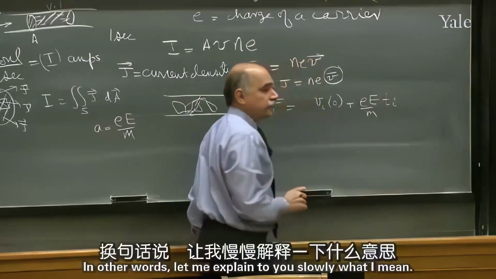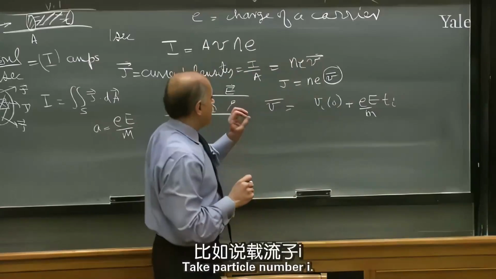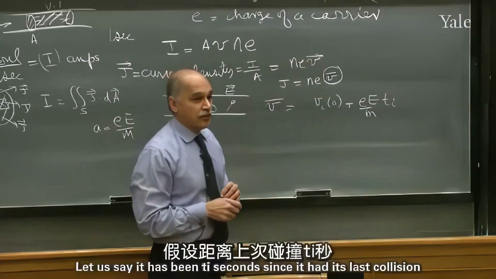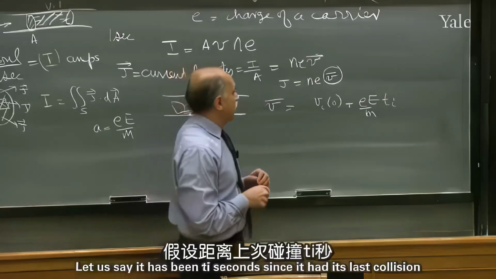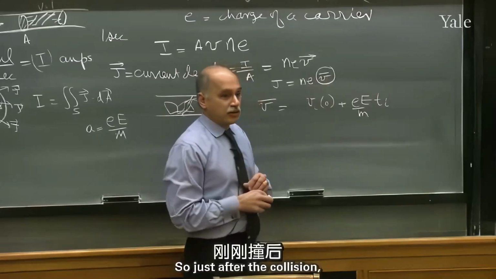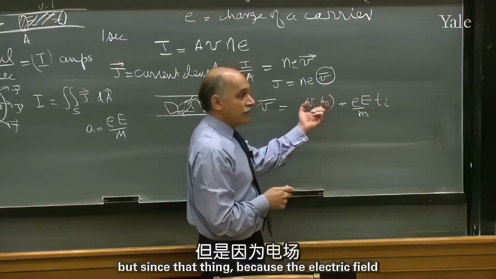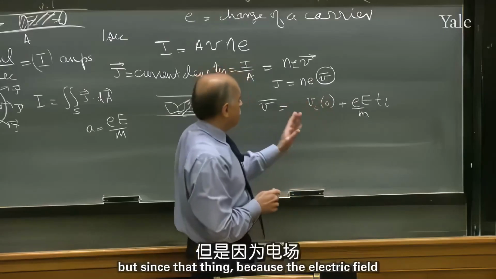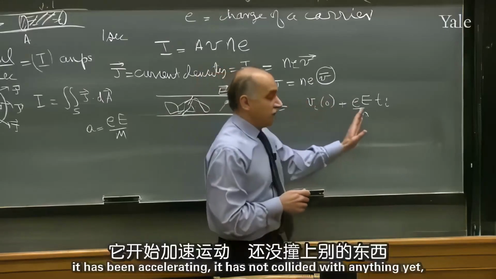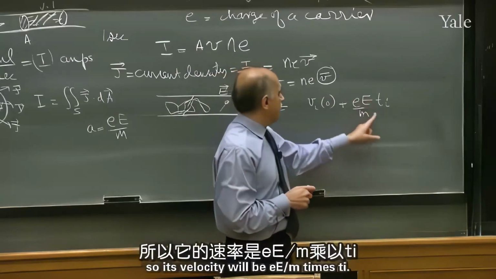In other words, let me explain to you slowly what I mean. Take particle number I. Let us say it has been Ti seconds since it had its last collision. So just after the collision, it has got an initial velocity, which is completely random. But since then, because the electric field has been accelerating it, and it has not collided with anything yet, its velocity will be E over m times Ti.